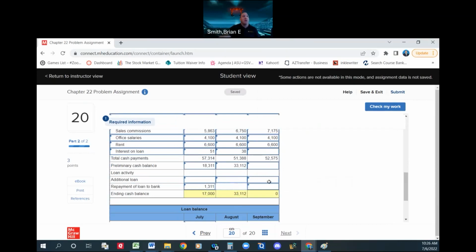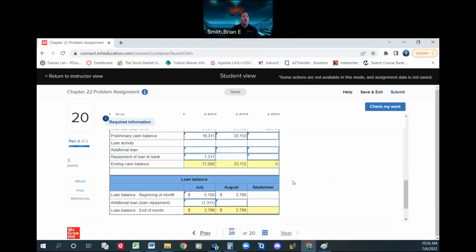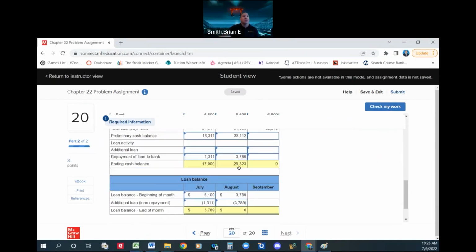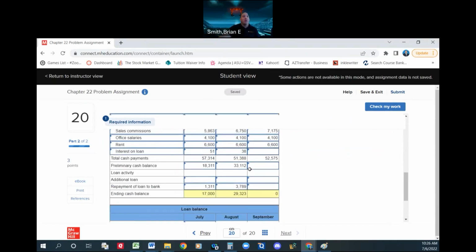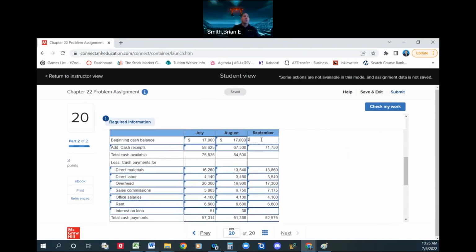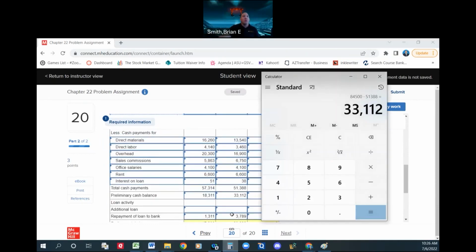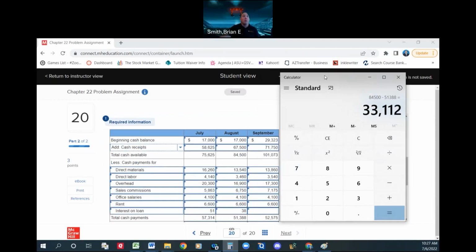So it looks like we're going to be able to pay off our full amount of 3,789. We're still well above our required ending amount. And then our ending balance here is 29,323. So we're going to take 101,073 minus 52,575 for 48,498.